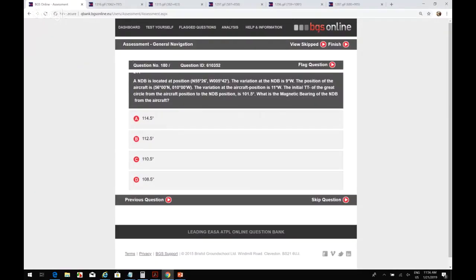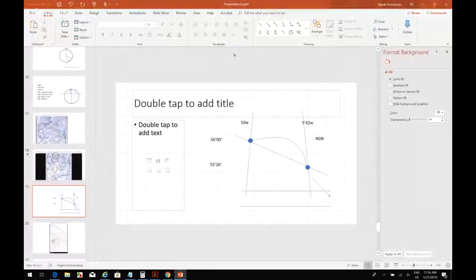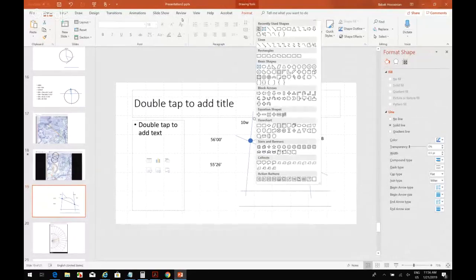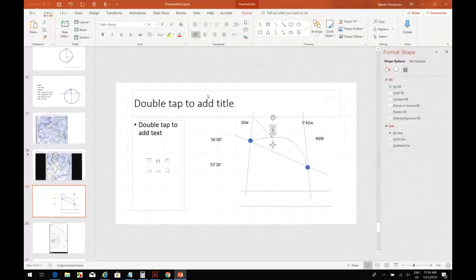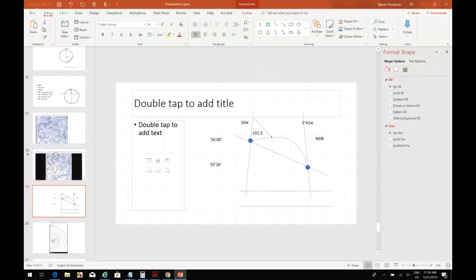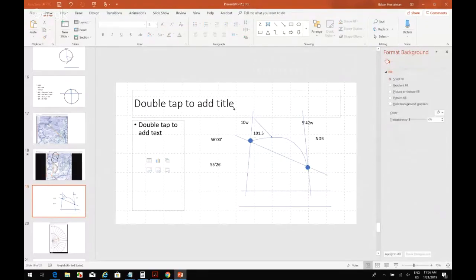True track of the Great Circle from the aircraft position to the NDB is 101.5. All right, 101.5. So this angle here is 101.5. There we go.